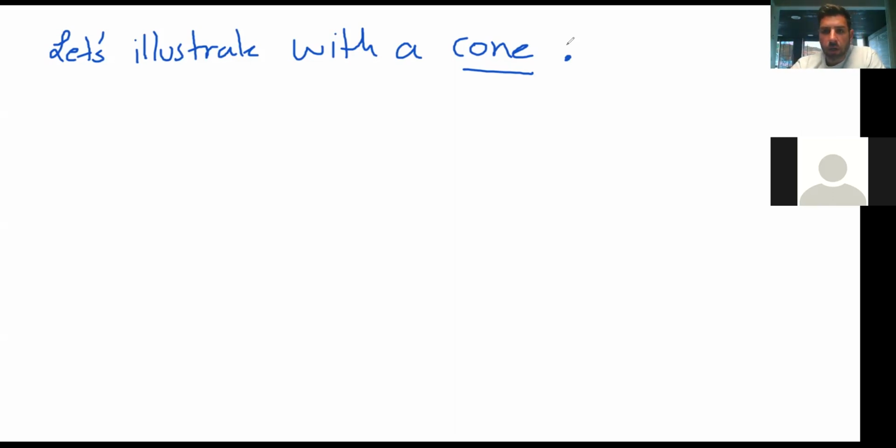So let's draw our cone. But when we draw it, let's think about the geometry of our cone and how we might figure out what's happening. I don't want to use too many letters, so I'd like to keep this as simple as possible. So I'm going to draw my cone like this.